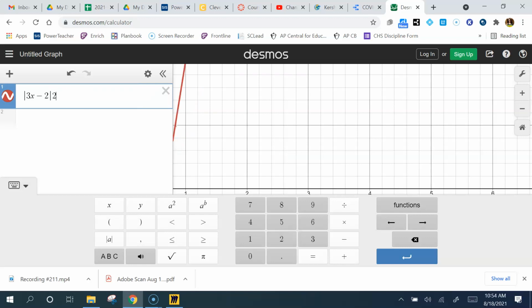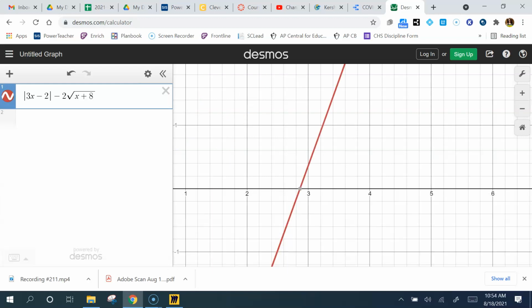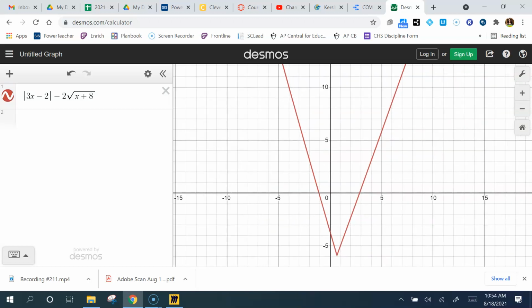So it's 2 square root, oops. 2.864. Oh, and negative 1.086.